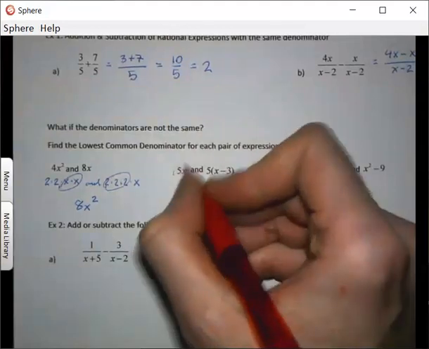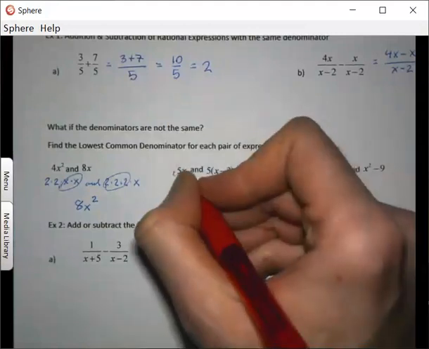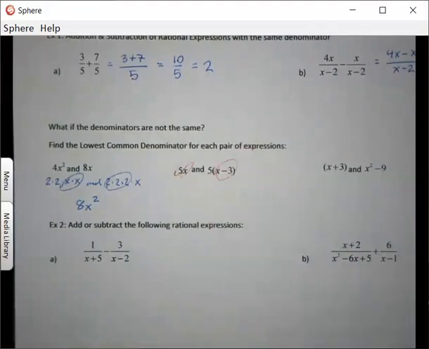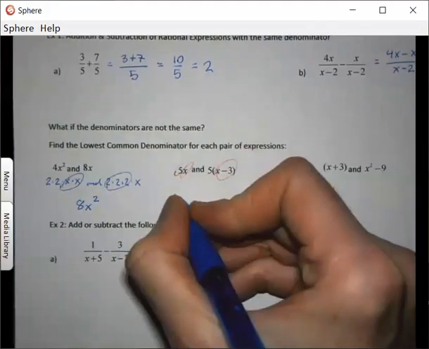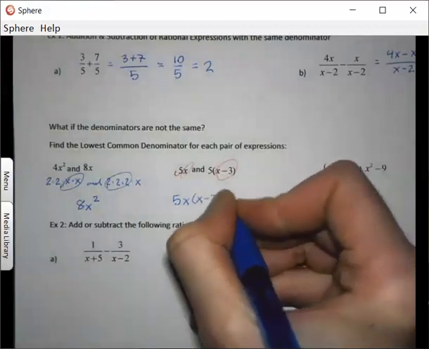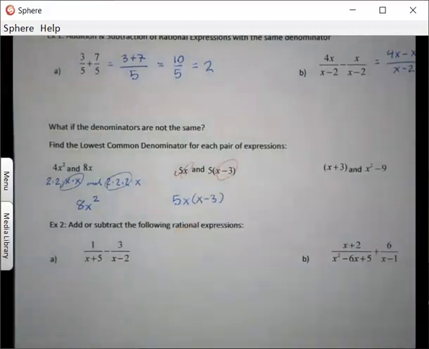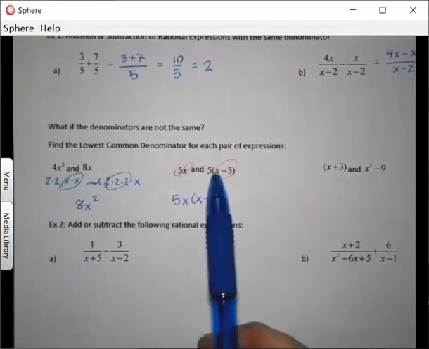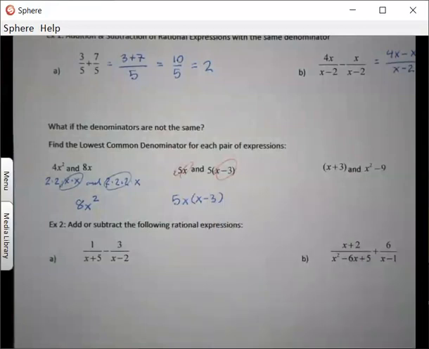So I can say I need a 5, I need an x, and I need an x minus 3 for my lowest common denominator. So a 5, an x, and an x minus 3. All of those are distinct factors, and there's at most one of them in each.